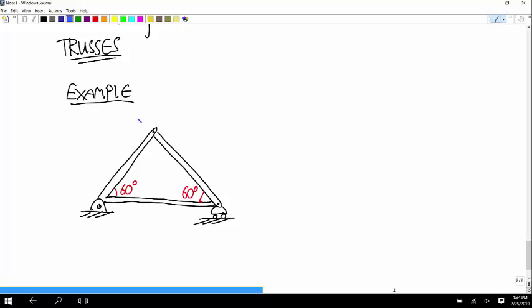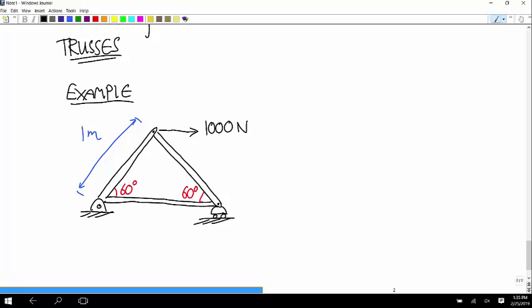And let's say the lengths of every member is 1 meter. And the load we're going to apply is like this. So 1,000 Newton load.